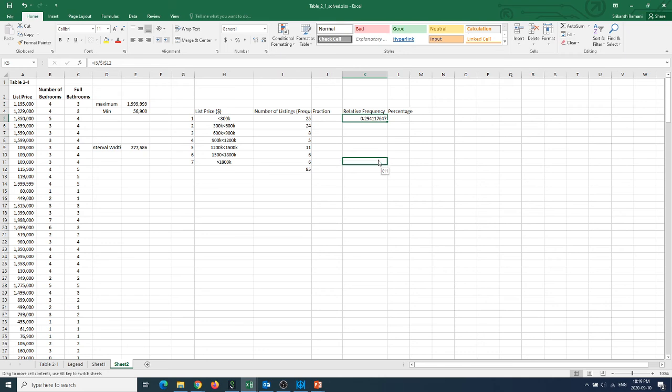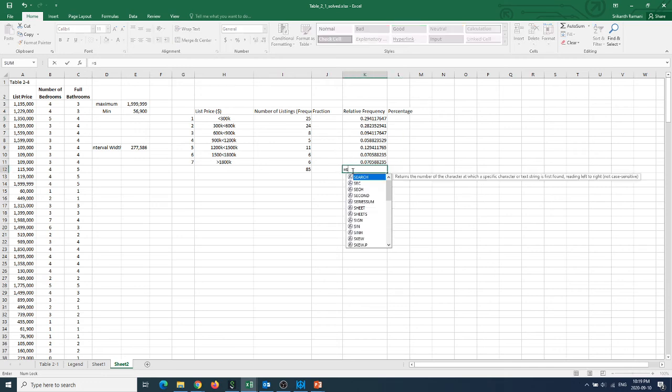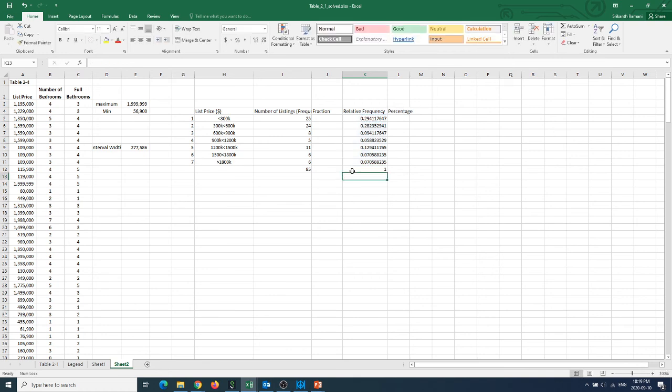So 29%, and these all should add up to 1. You can multiply them by 100 to express them as percentages, and they all add up to 100.